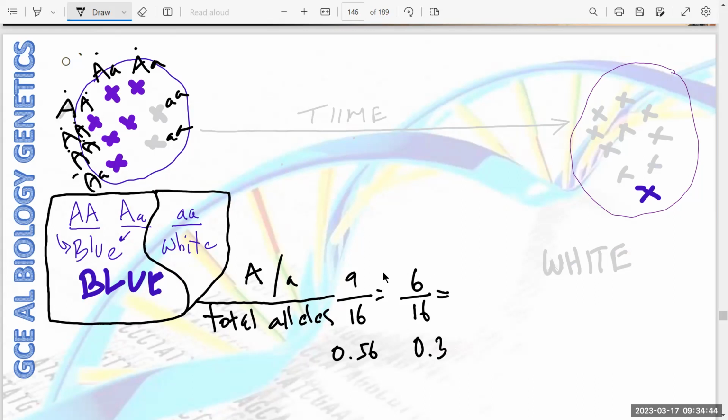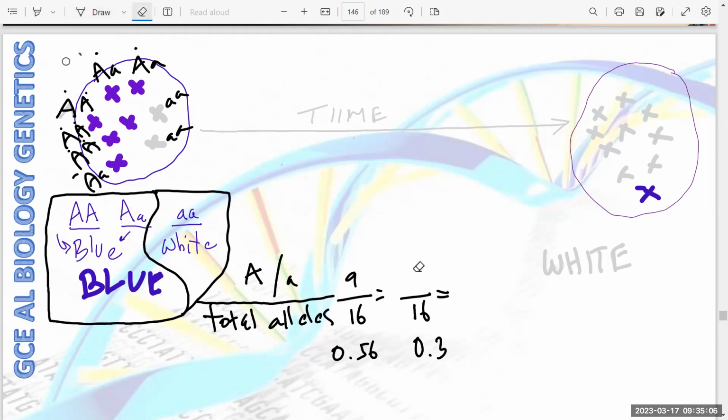But I count separately how many capital A's and how many small a's. So this number is not correct because I had to recalculate. Capital A's: 1, 2, 3, 4, 5, 6, 7, 8, 9. And small a: 1, 2, 3, 4, 5, 7, right?